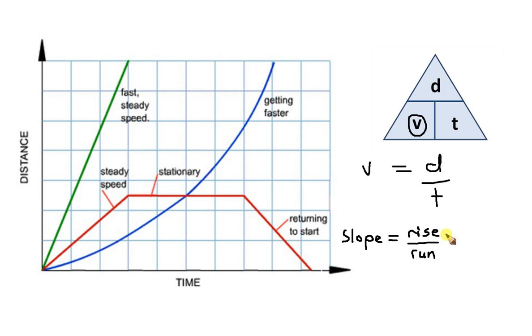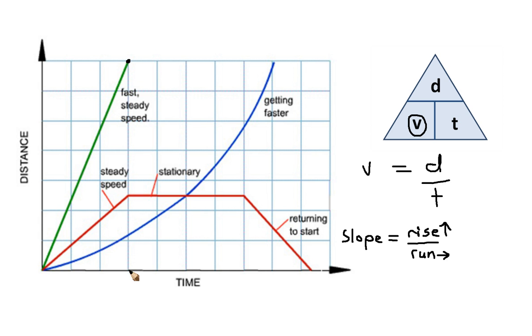So what do we mean by rise over run? How much it goes up for every bit that it goes across. Like we said with the green one here, it's rising by about 2 and a bit meters for every second that we go across. Let's take a look at this green line for instance. Let's take a nice clean point here where it intersects with the grid.